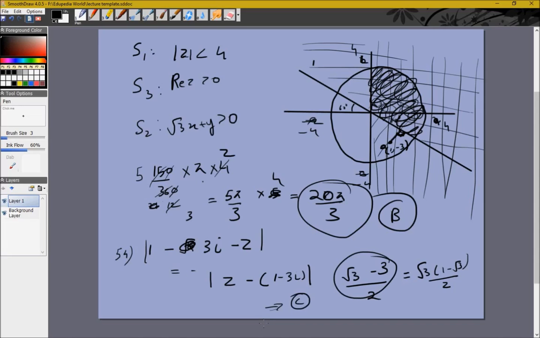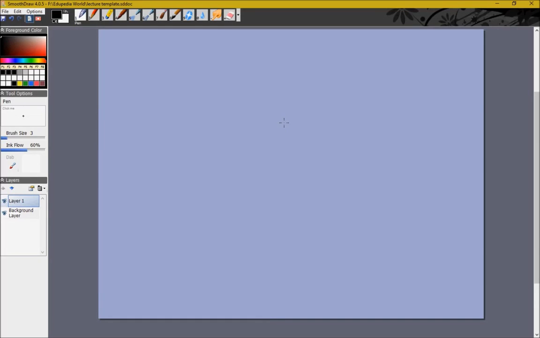Right? We basically did this whole question graphically, which shows you how the mapping of complex numbers on the xy plane is very useful. Let's look at 55. You have 3 boxes. This is the first box, the second box, third box.